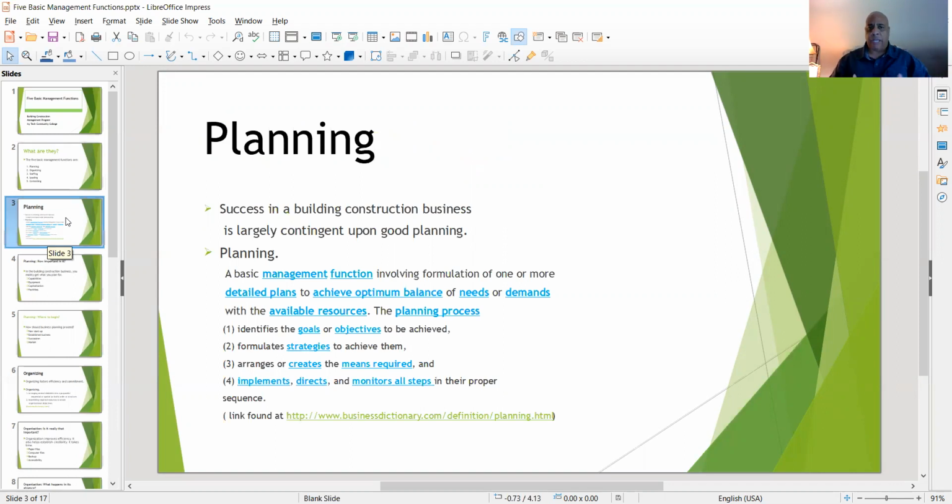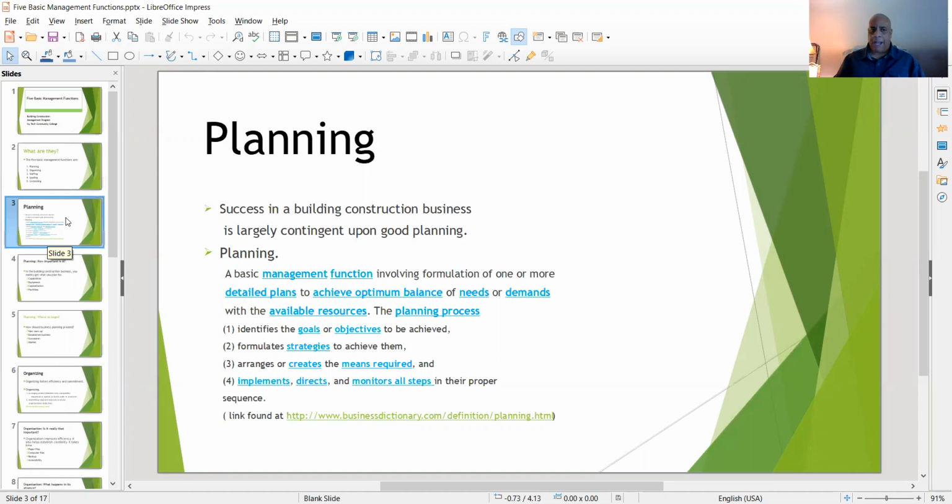Planning is basically a management function that involves, for the most part, one or more detailed plans. And what you're trying to do is basically achieve, or let's say meet, a goal, an objective of your organization with the available resources.